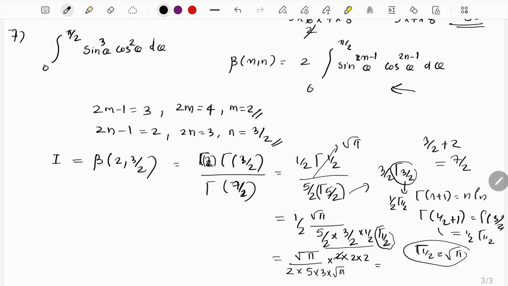So this 2 will cancel, and this root pi will cancel, and this is 2 into 2, that is 4 divided by 5 into 3, that is 15.